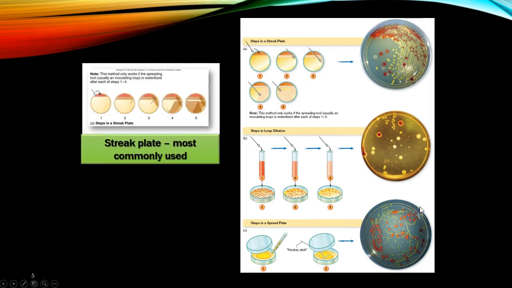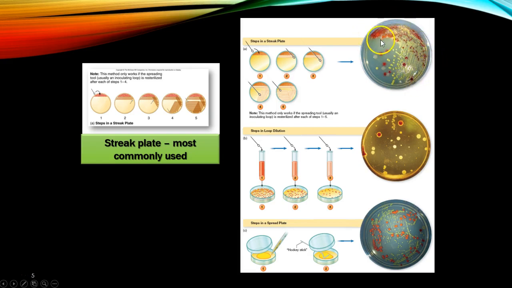Here are some of the standard ways that we will do the isolation for bacteria. The most commonly used one is called a streak plate. You take the sample and you streak it back and forth on part of the plate, and then you sterilize this thing. This is called a loop. And you go back and forth, and then you do that a number of quadrants, and you can see here this has got a bunch of mixed colonies right in here, and you can't see very much.